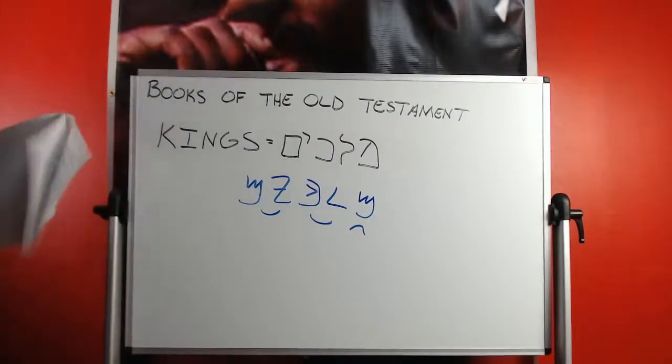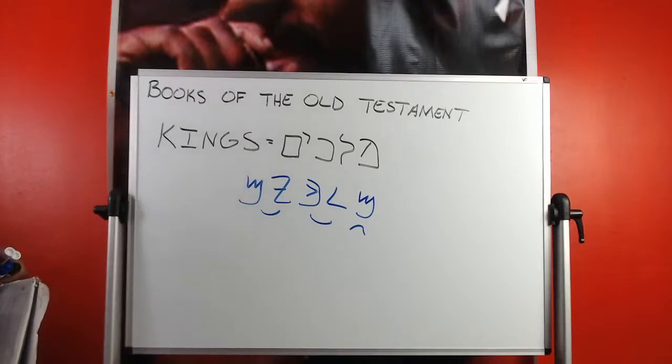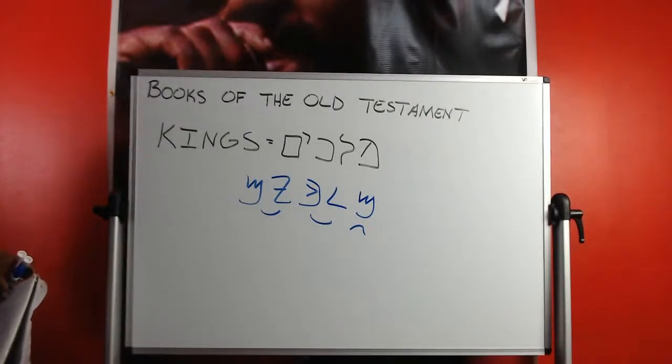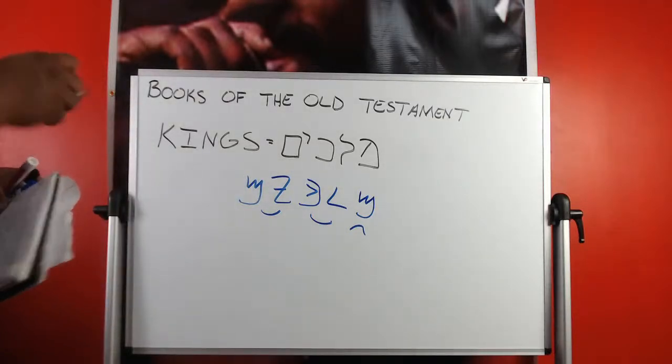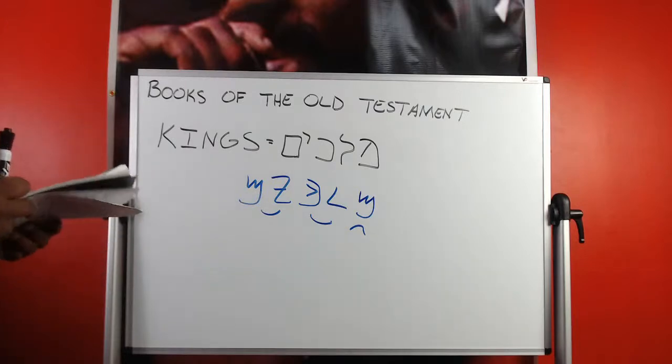Brothers on the conference call, if you're watching this, would you like me to write this out in the English as well? Okay. Absolutely, I can do that. No sweat.